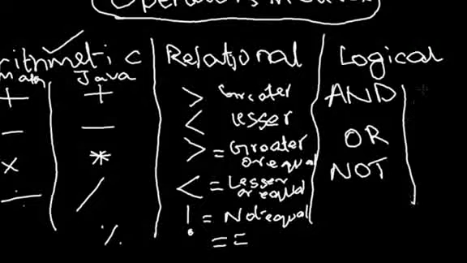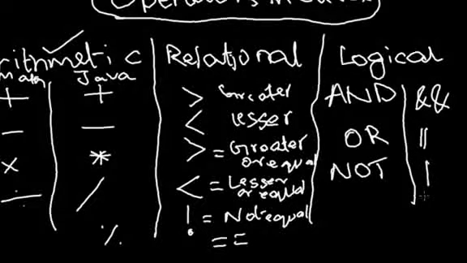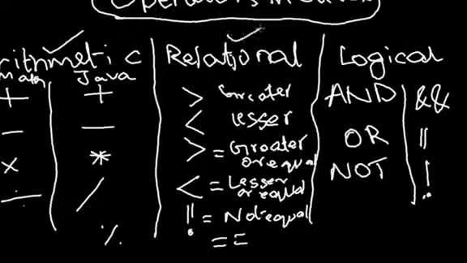So for and you have two ands, for or you have two parallel lines, for not you have a single exclamation mark. So that's arithmetic, relational, logical operators done. Okay, this is done. So I hope you've got this.